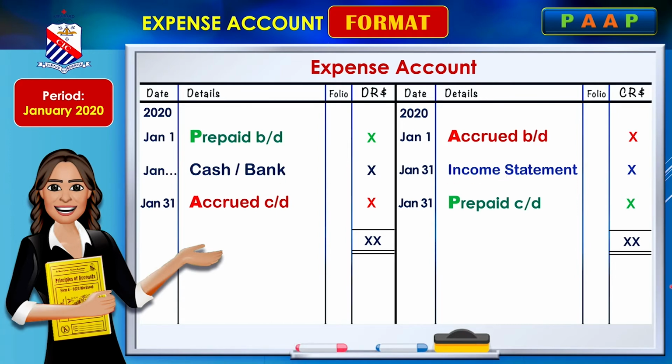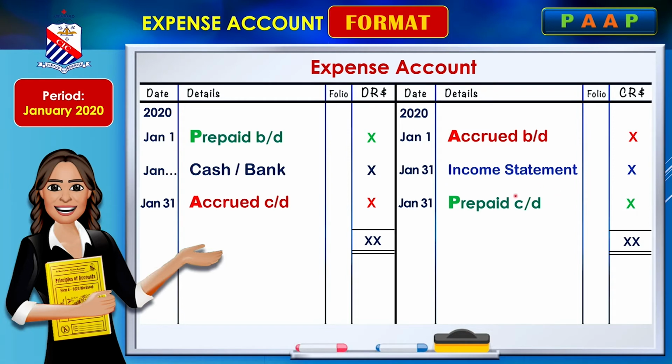But for extra marks, what we usually do, we don't just leave it like this. Meaning you've done your PAAP, but for the extra, we usually go and bring down our figures one time. You know, like how it says to carry down, we usually bring it down one time. And it is to be noted that if your carried down figures are on the debit side, your brought down figures will end up on the opposite side, which would be the credit side.